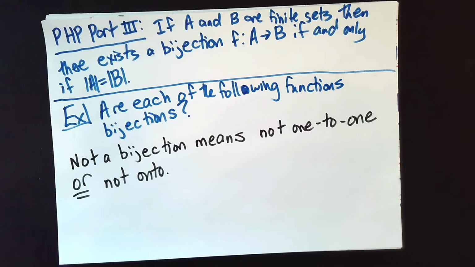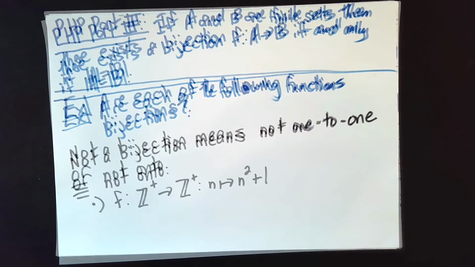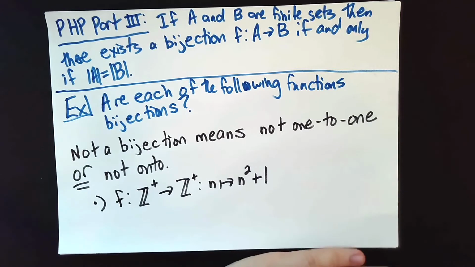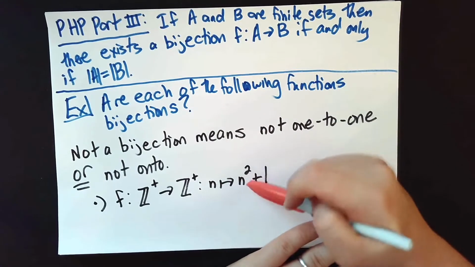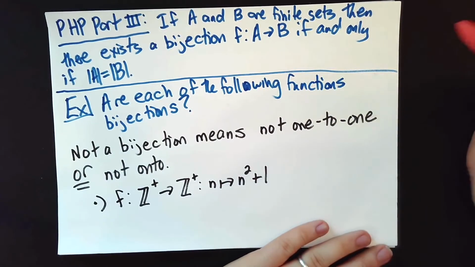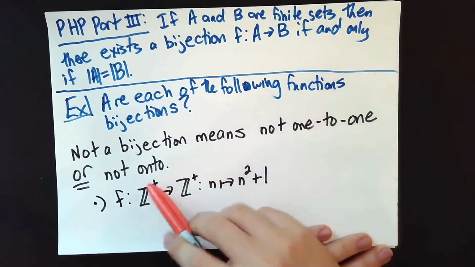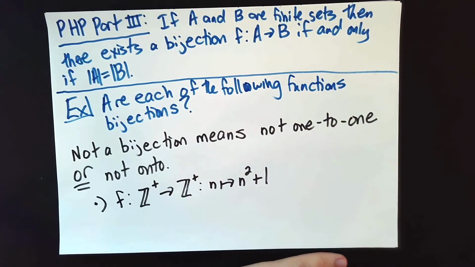Okay, so let's look at some examples. Is this function a bijection? And so when you look at this, you probably toy with it and think, okay, well, there's a squared here. And maybe the squared here makes you think, oh, it's not going to be a bijection. But then you see the pluses here, and then maybe the pluses again make you think that this is going to be a bijection.